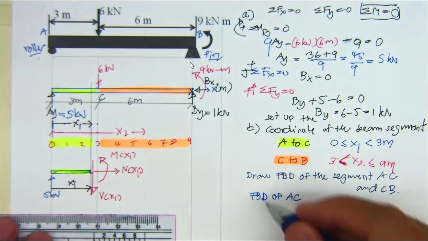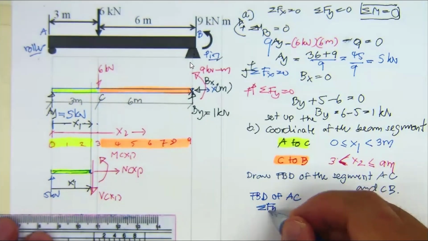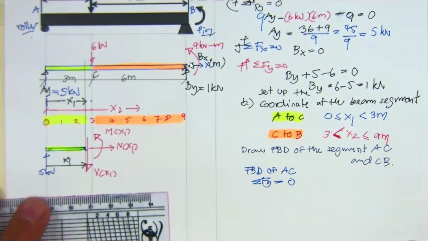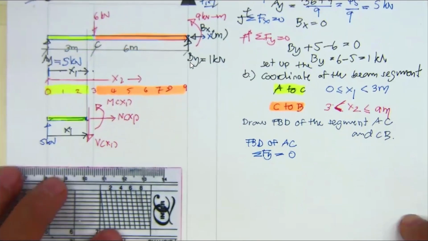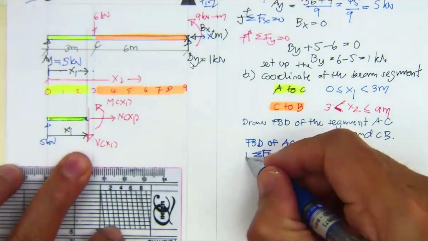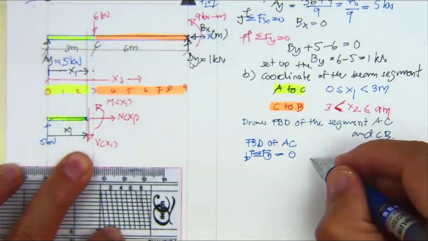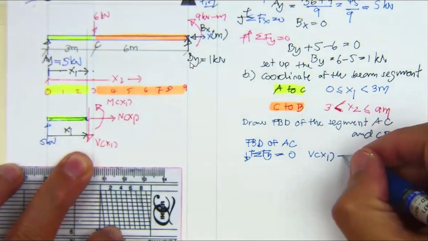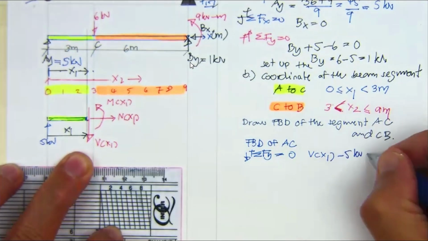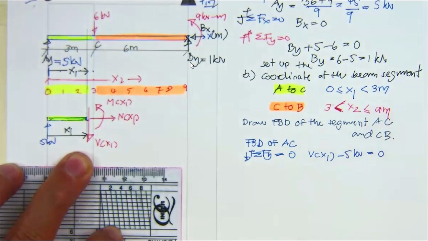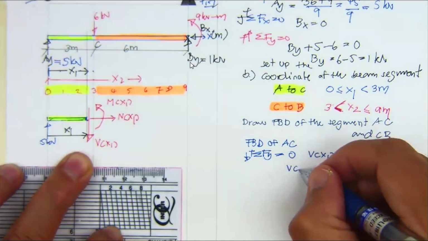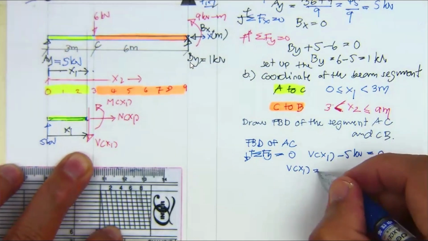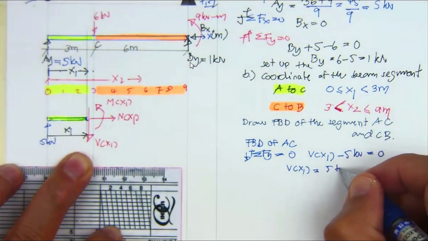Summation of F sub y equal to 0. Then V sub x1 minus 5 kilonewton equal to 0. Then the function of the shear force is equal to 5 kilonewton.